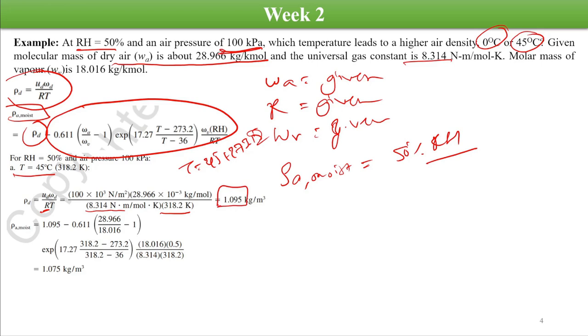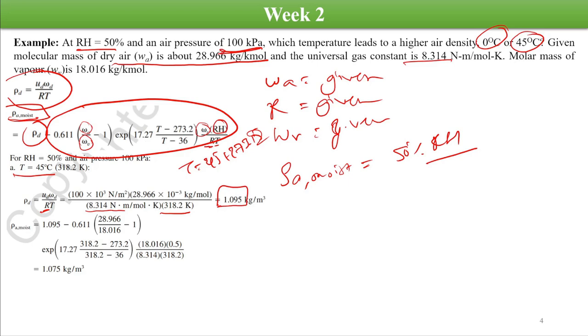But now we need to calculate the density in the moist case, when the relative humidity is 0.5. The formula states that the density of air in the moist case is equal to the dry density minus 0.611 times WA, the molecular mass of the dry air, upon the molecular mass of the water vapor, minus 1, times exponential 17.27 (T minus 273) upon (temperature minus 36), multiplied by the molecular weight of vapor into relative humidity, upon the gas constant and temperature.